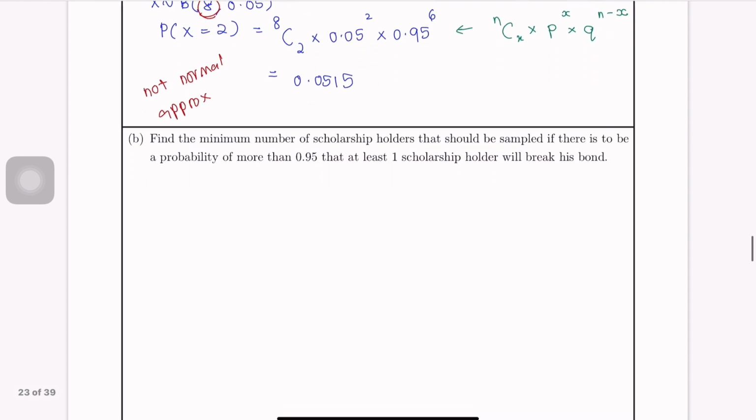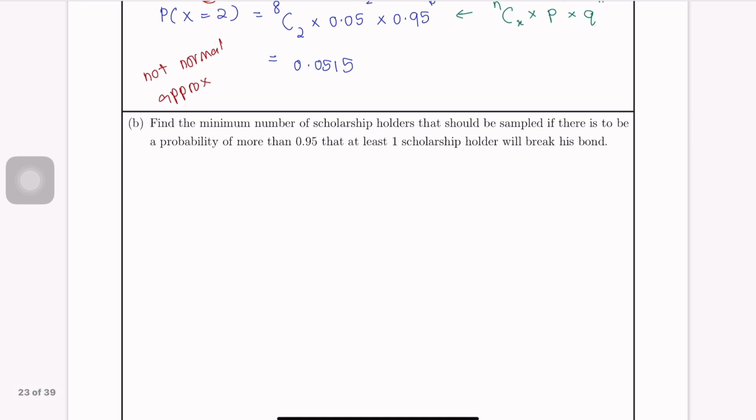Question B. Find the minimum number of scholarship holders that should be sampled if there is to be a probability of more than 0.95 that at least one scholarship holder will break their bond. So, minimum number of scholarship holders, that means n. We don't have n, and this is what we need to find.